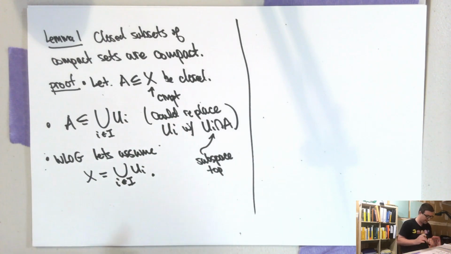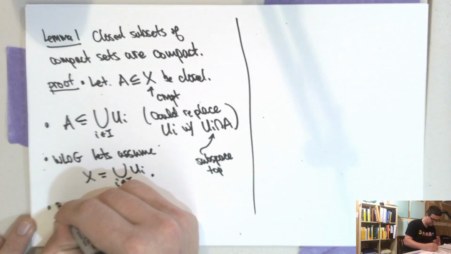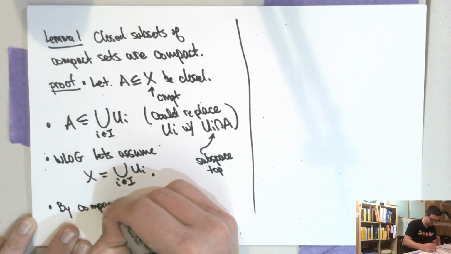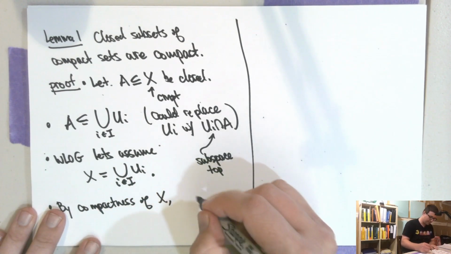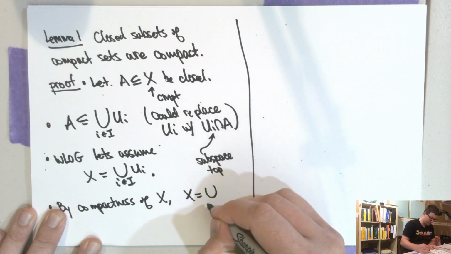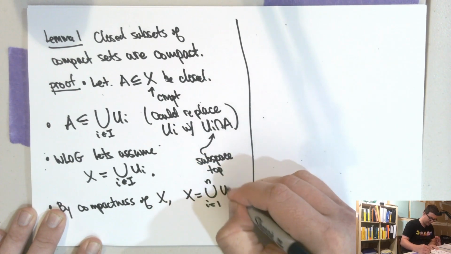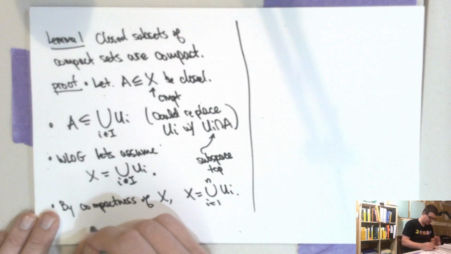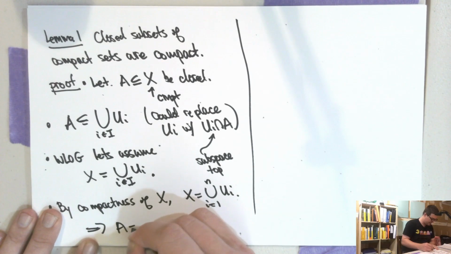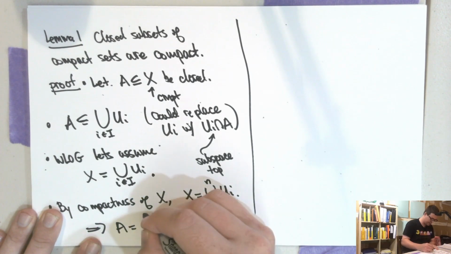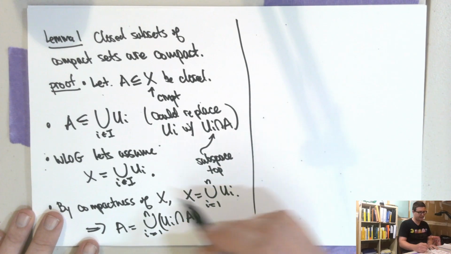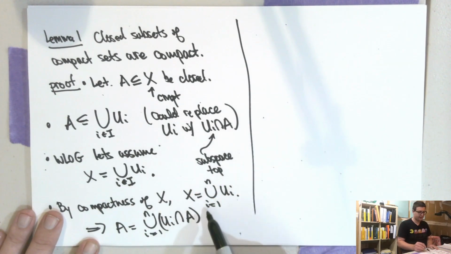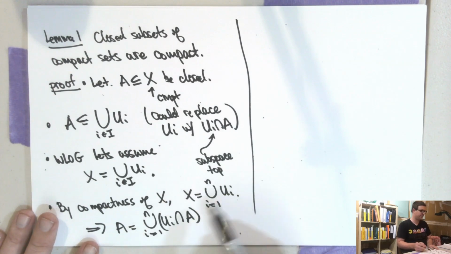So by compactness of X, X is equal to the union from i equals 1 up to n of U_i, and this implies, hence, that A is equal to the union from i equals 1 up to n of U_i intersect A. So notice here I changed my index set from some arbitrary set to just the integers between 1 and n, and that's something that I'm going to do frequently.